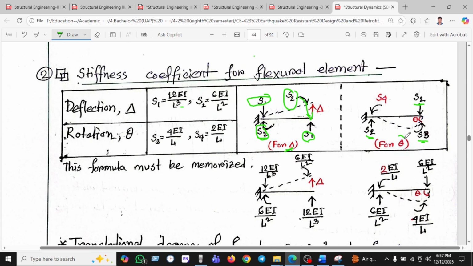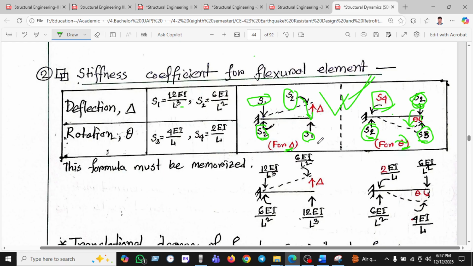For theta or rotation, we apply theta anti-clockwise, that's why S2 is downward, and the opposite direction will be S2. But keep in mind, it's very important: for rotation, when you apply this point it is S3, the far end will be S4. If you memorize this and practice it, then you can understand easily.